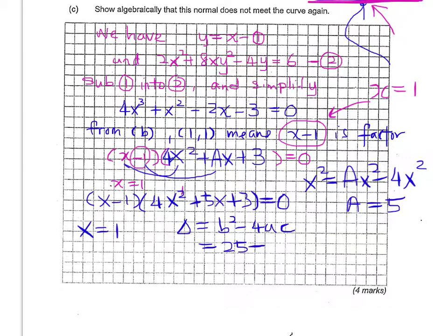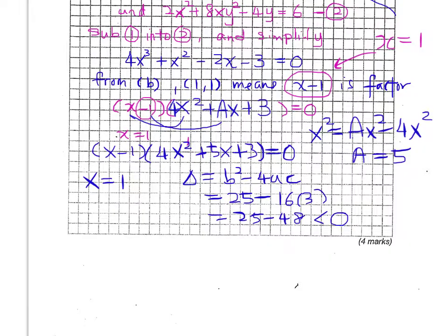That would be 4 times 4, 16. 16 times 3, that would be 48. So this is 25 minus 48, and no matter what it is, we just care about the sign, which is negative. So in other words, we can now conclude that there's no real solution. That's how we say it.